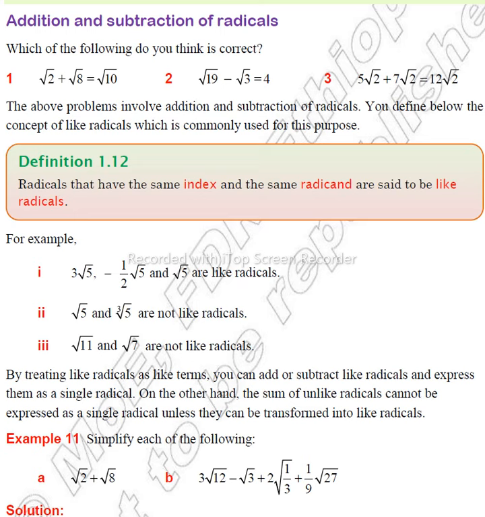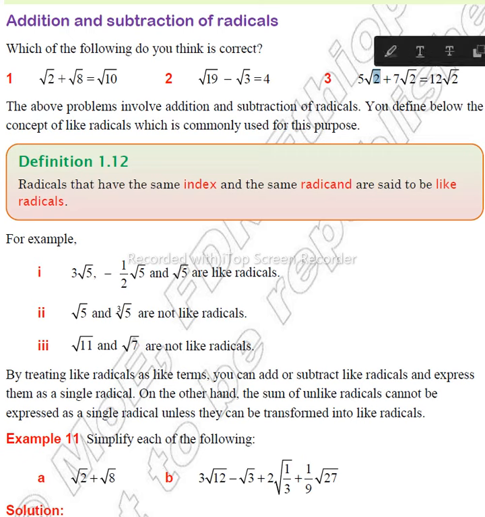And question number 3 says that 5 square root of 2 plus 7 square root of 2 is 12 square root of 2. This is correct because, as we see, they have the same index, and the radicand is the same, 2.